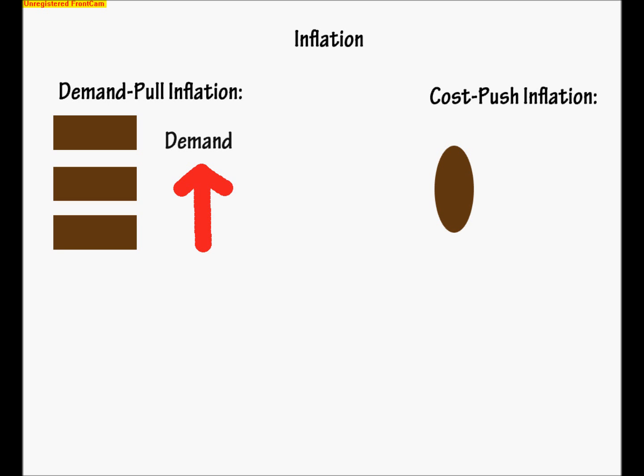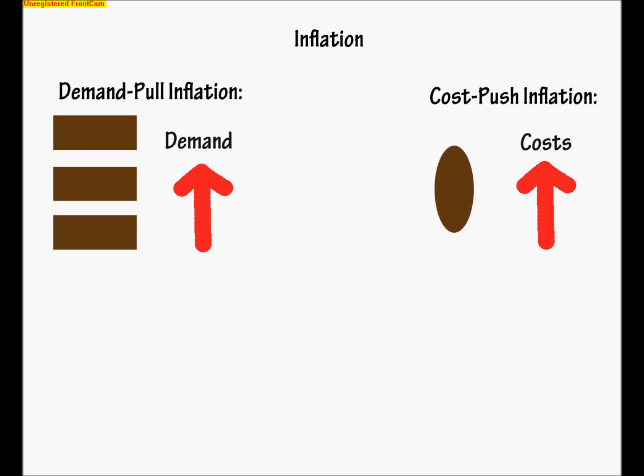In contrast, cost push inflation is when the cost of those products, for example the cocoa bean, one of the products that goes into a chocolate bar, increases, and the price of the goods also increases.